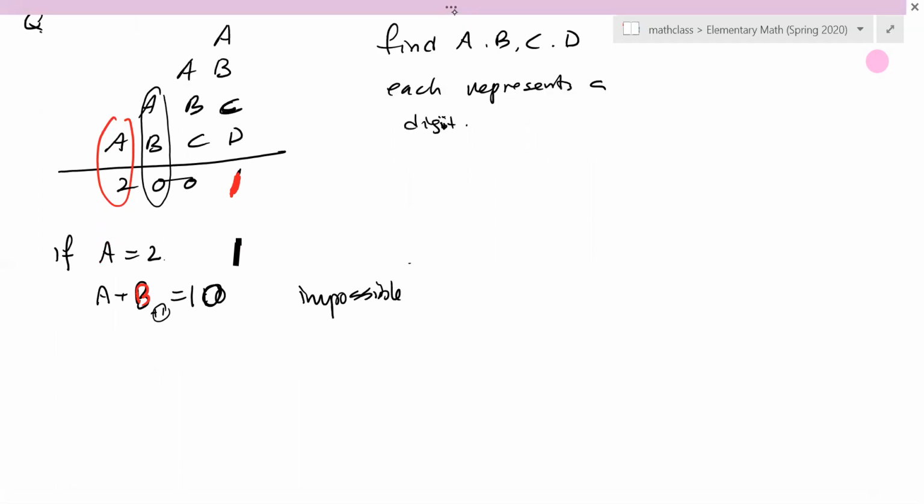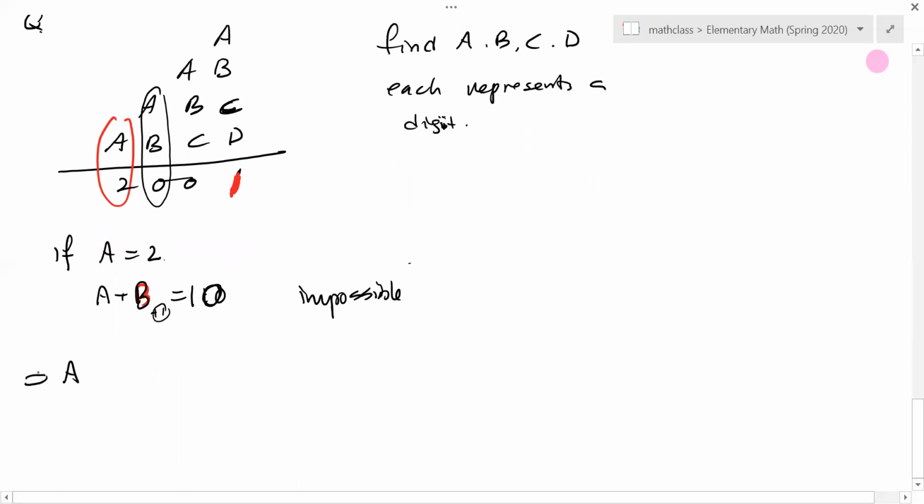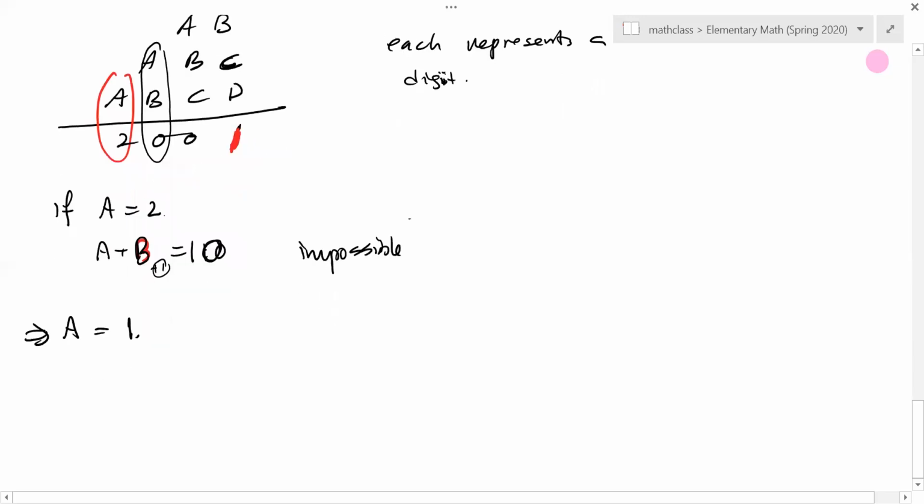So you must conclude that the only possible solution for A is 1. Okay, then you go step by step to get the remaining. Be careful: when A equals 1, how do you get 2 there, right? So A plus B, that's 2 possibilities.